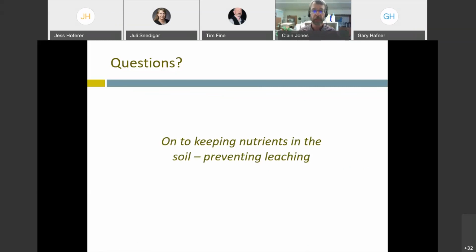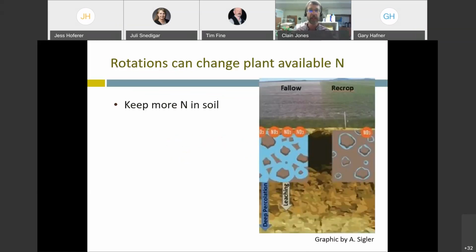Okay, on to keeping nutrients in the soil, specifically preventing leaching. Rotations are a big way to change plant available nitrogen. If we think about what we need for nitrate leaching to happen in high amounts, you need high amounts of nitrate and you need high amounts of deep percolation.